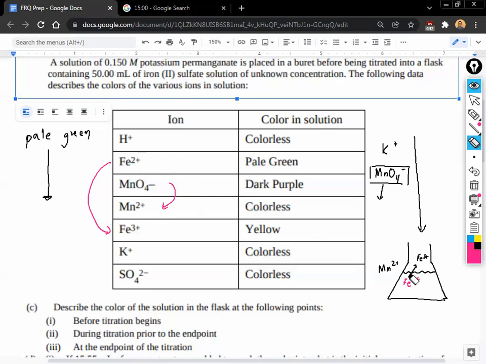So during titration, what color do we start seeing the pale green transition into? Yellow. So during titration, before the endpoint, we're going to see a solution that becomes less green and more yellow. It's going to go from pale green and start turning a bit more yellow. Okay, so that's the answer for C2.